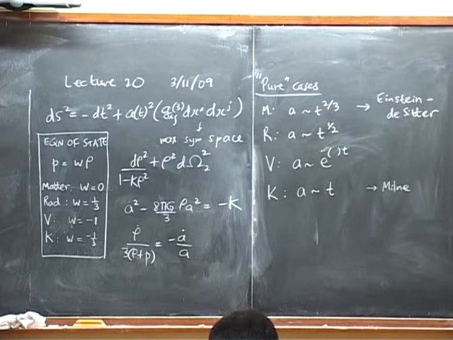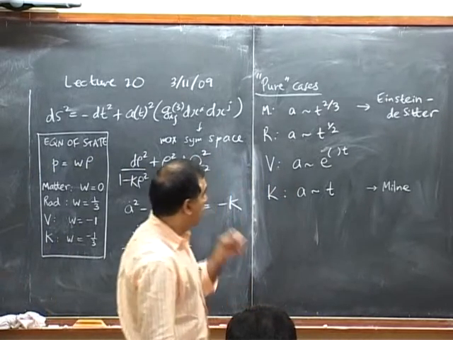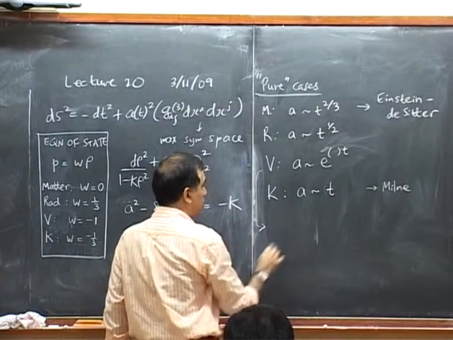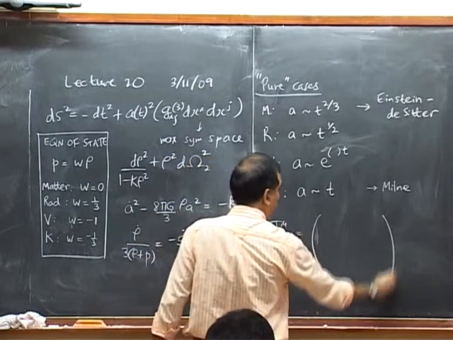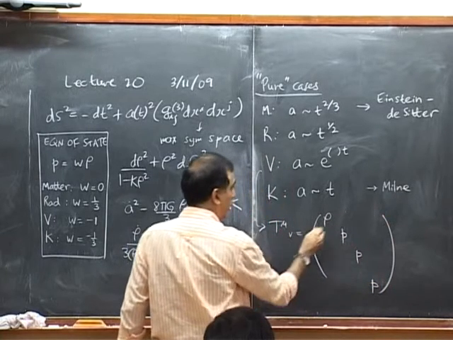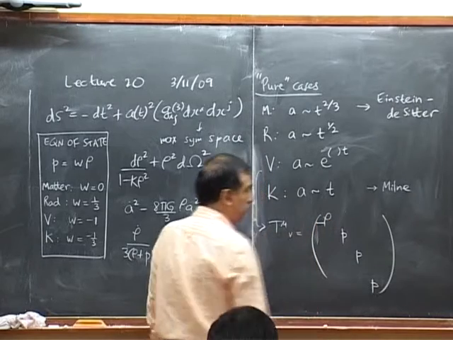The cosmological case is interesting. In the vacuum energy case, you have an interesting fact which I'll mention now. In this case, the energy momentum tensor T mu nu, if you remember, was diagonal: rho, p, p, p, and I think with one index up, it's probably minus.